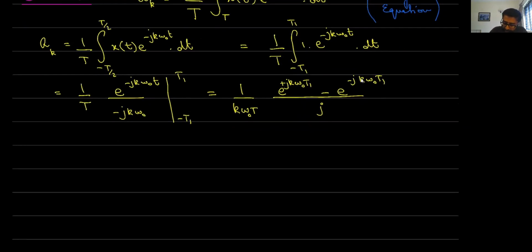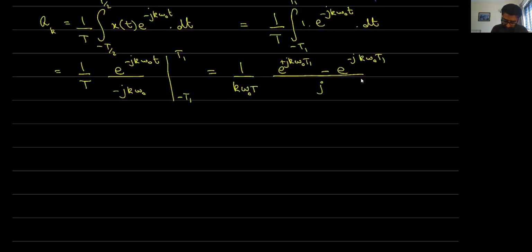And what you'll observe is that this thing here is actually, using Euler's identity, 2 times the sine. So the result that I get is 1 upon k omega naught T, and this is 2 times sine k omega naught t1.